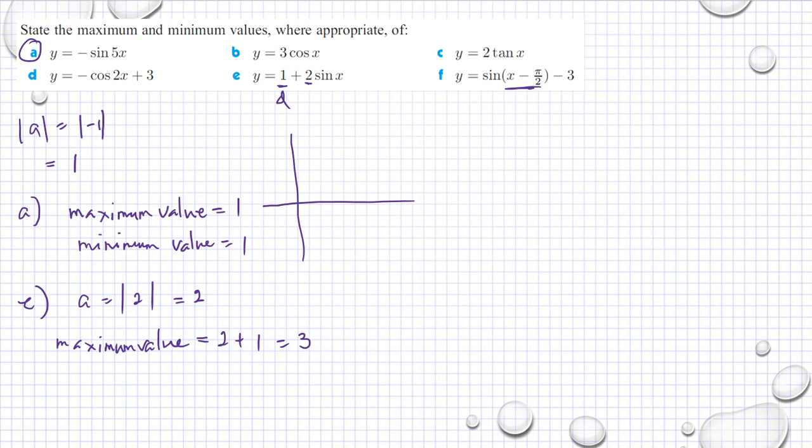Okay, then we start with 1 here, and then we go 2 steps, so this is 3, so this is our highest. And then from our starting point, we have also amplitude 2, that is 2 here.